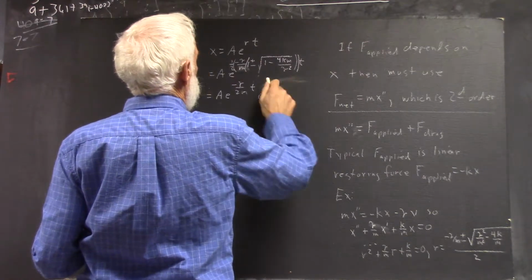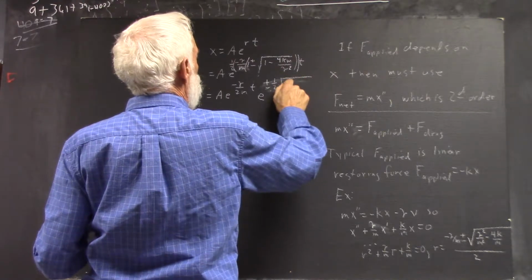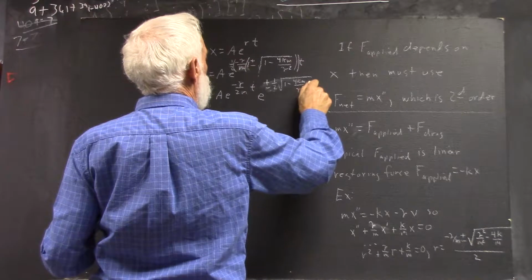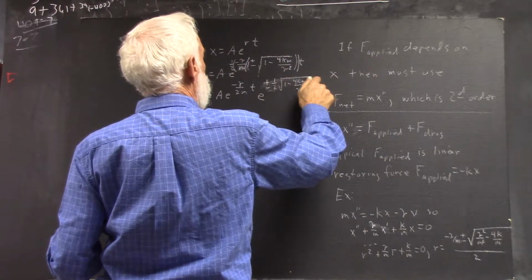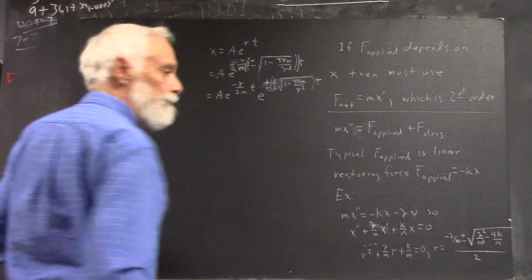And I'm going to write it plus or minus 1/2 square root of 1 minus 4km over gamma squared t. Okay?